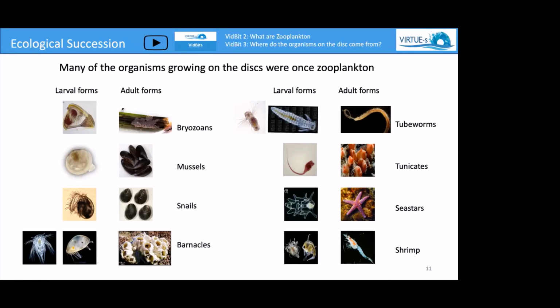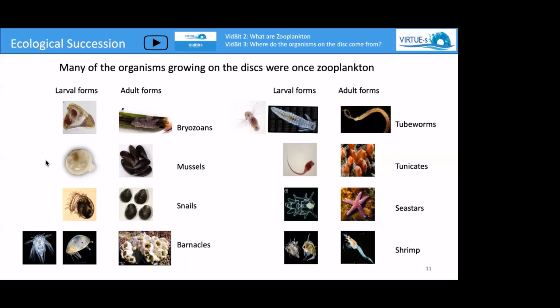If it is possible, if you have a zooplankton net available in your school, it would be nice if you could get zooplankton samples from the location where you are deploying your disks, and see if you can find some of these larval forms in the water.